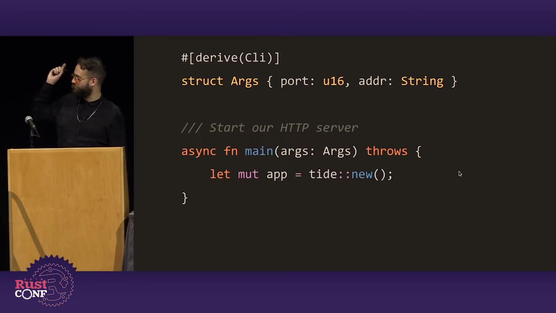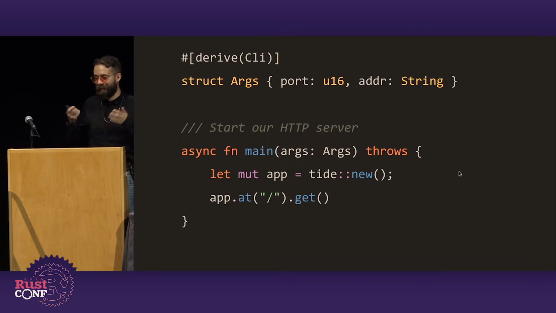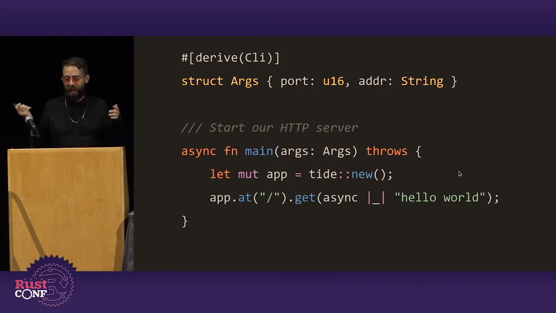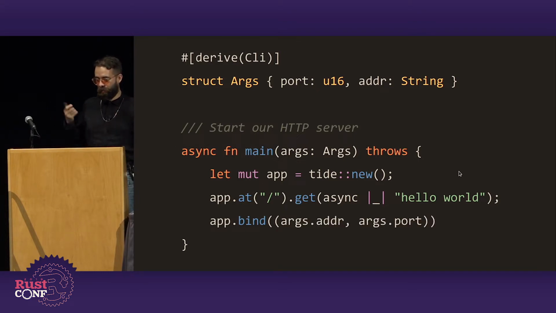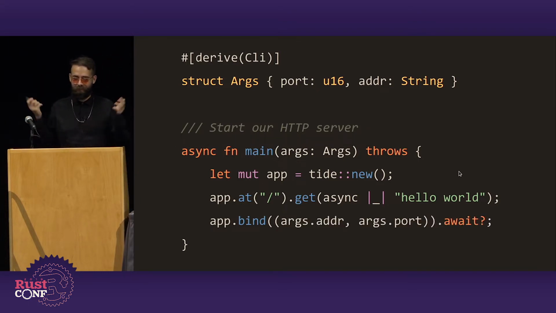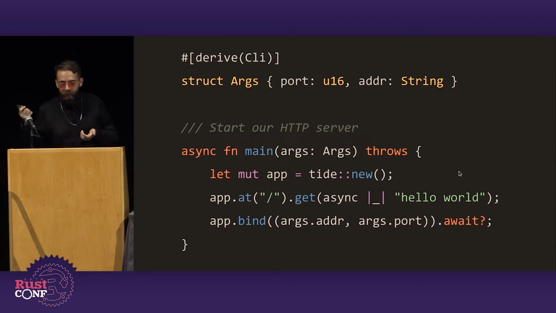Then, hopefully Tide's still around, we create a new Tide app, and on the route / for the HTTP method get, we say hello world. Then we start this thing on the address and the port, and we await it, which is fallible. That's an HTTP server in 10 lines, which is pretty good for a C competitor, I'd say.